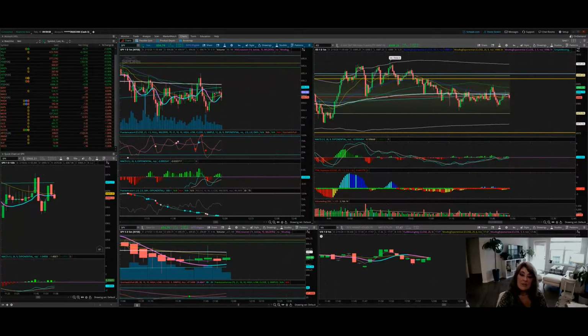So we are still in the range, so that's why I'm using my discipline. We are still ranging, so I'm being careful here. They can just as easily turn and spike it up.